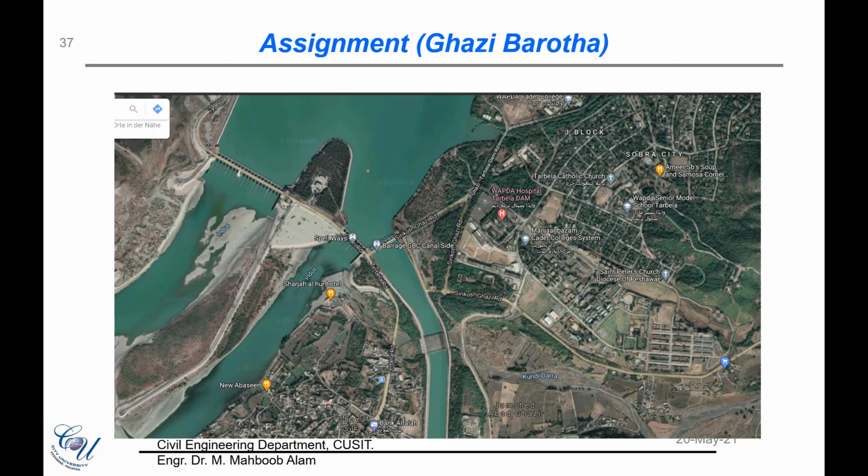You have to relate the structures that we looked into and identify them in this particular project. And then you can also consult other materials on the internet about the design features of all these structures.